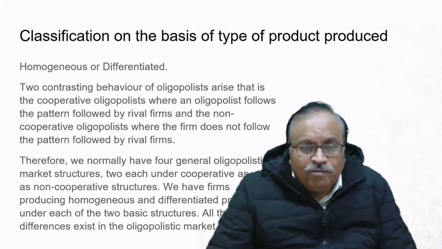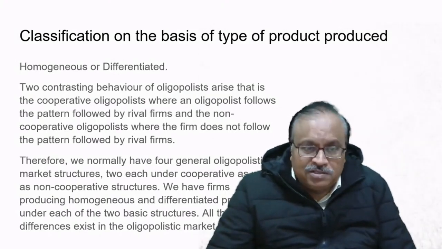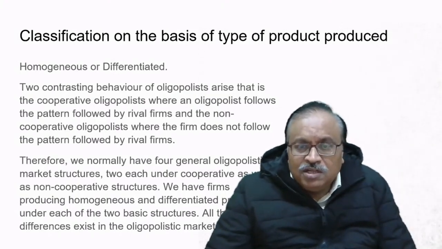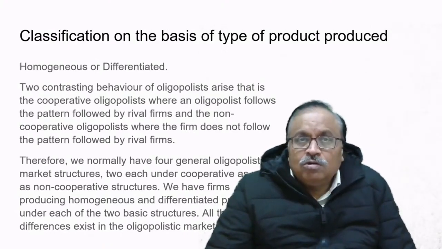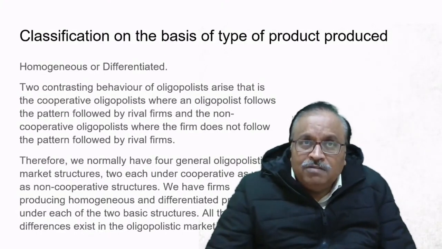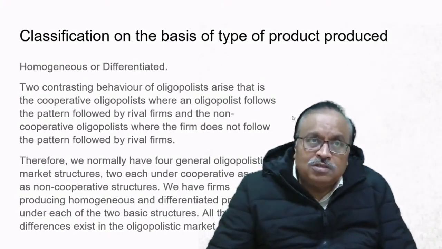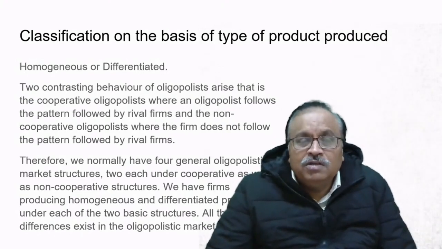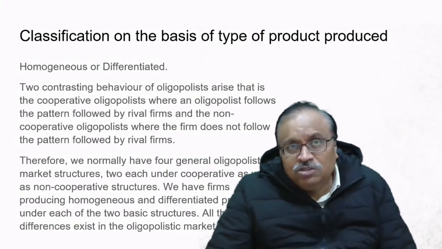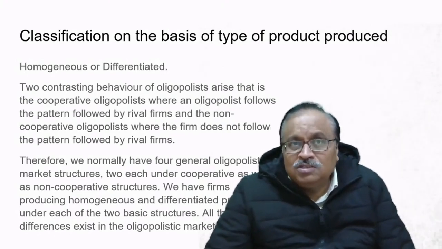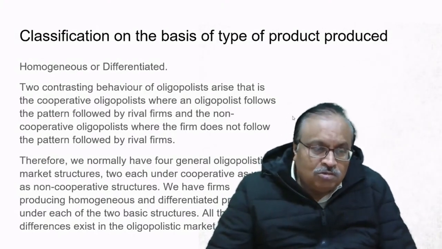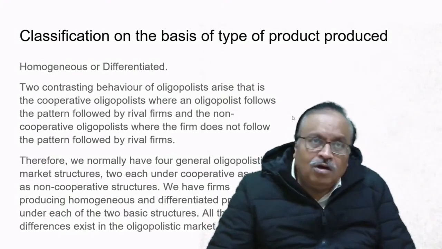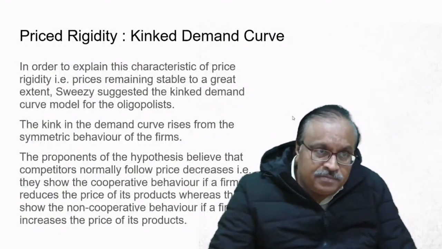Therefore, we normally have four oligopolistic market structures, two each under cooperative and non-cooperative: homogeneous cooperative oligopolies, differentiated cooperative oligopolies, homogeneous non-cooperative oligopolies, and differentiated non-cooperative oligopolies. So all these structures exist in the oligopolistic market.